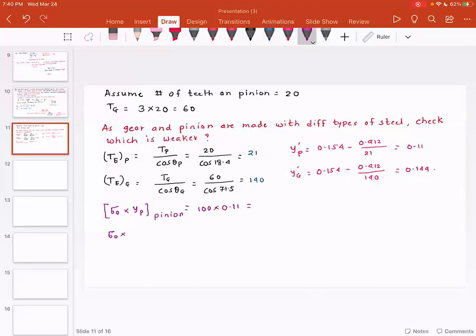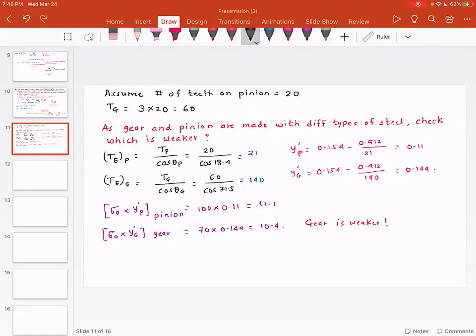And sigma O times Y prime G for gear is equal to 70 times 0.149. That is 11.1 and 10.4. So in this case, gear is weaker. So since gear is weaker, we have to design the gear.